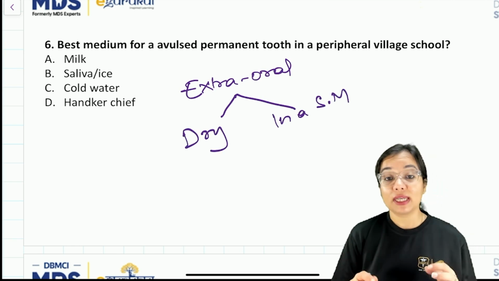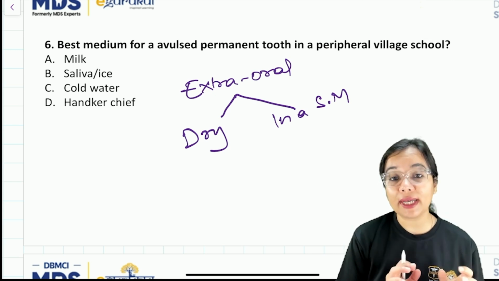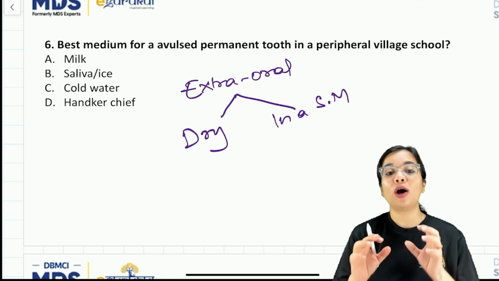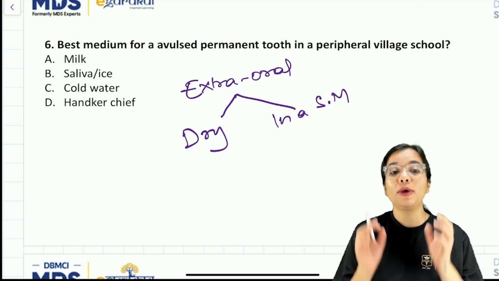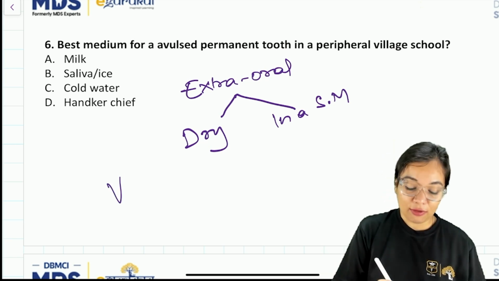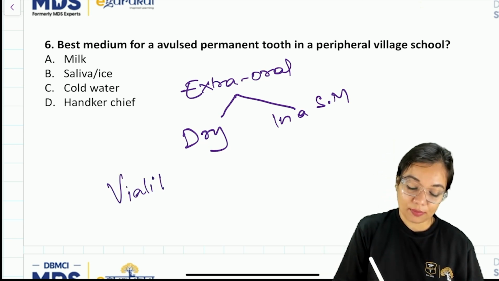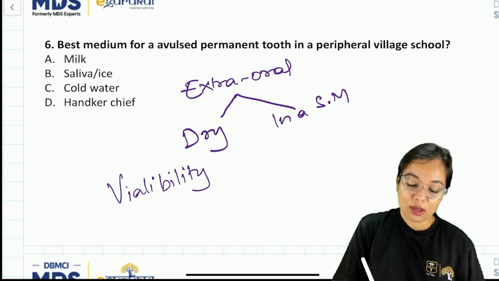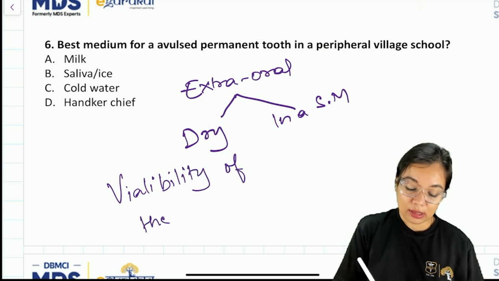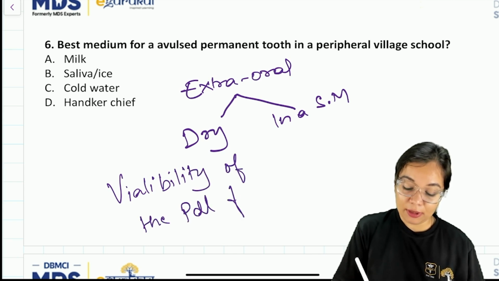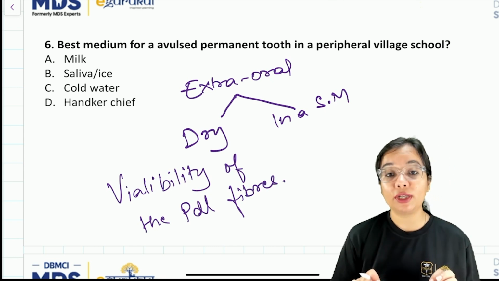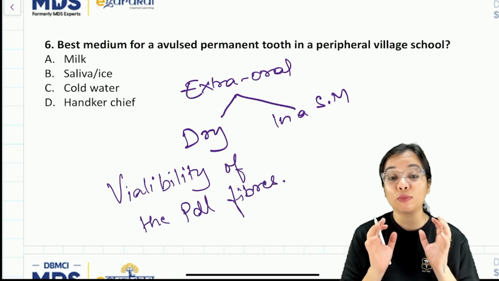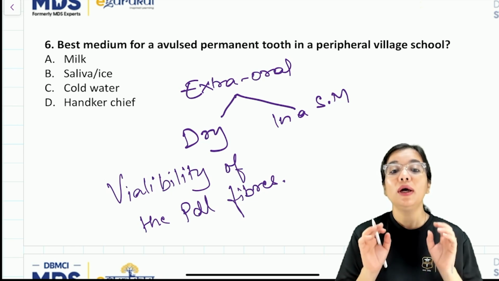So it depends how much extraoral dry time the tooth has had and how much extraoral time in the storage media the tooth has had, because the main question is the viability of the PDL fibers. That is the most important thing that you have to preserve.